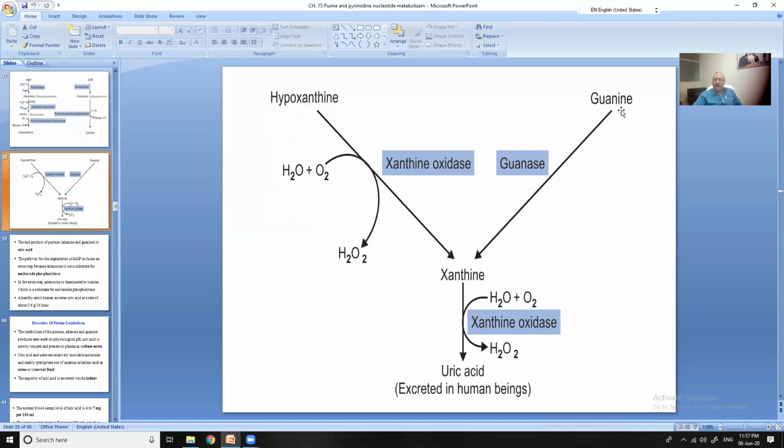So guanine is also giving us xanthine, hypoxanthine is also giving us xanthine, and xanthine is changing to uric acid, liberating another molecule of hydrogen peroxide by water and oxygen, and we are getting uric acid. So this is uric acid which is excreted in our human urine.